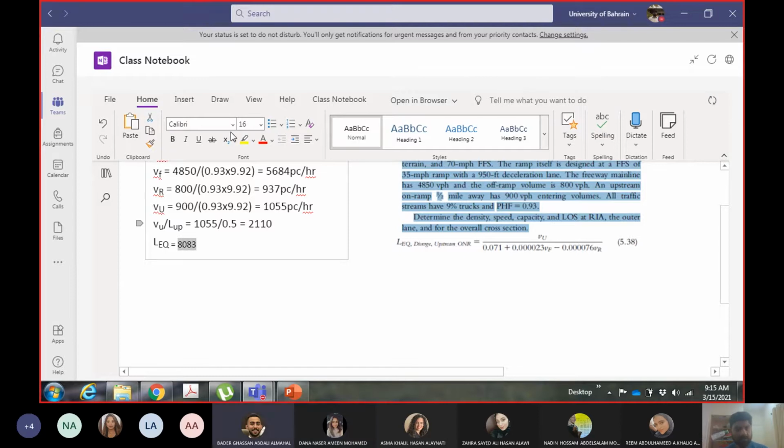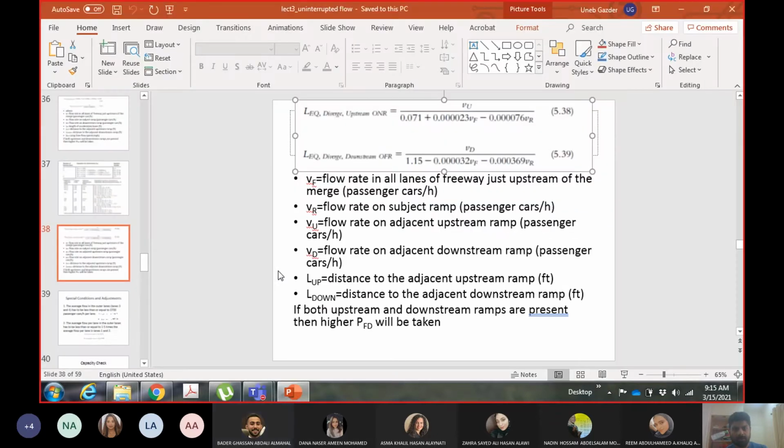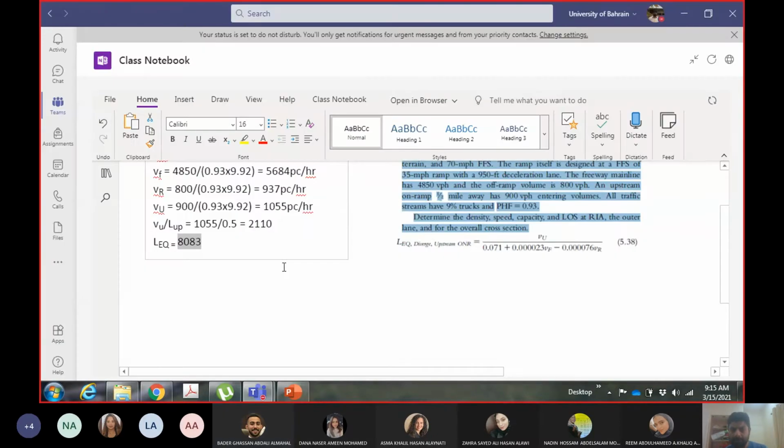Doctor, is it on ramp? Because in the question it's written off ramp. No, on ramp, upstream on ramp, right? The upstream on ramp.